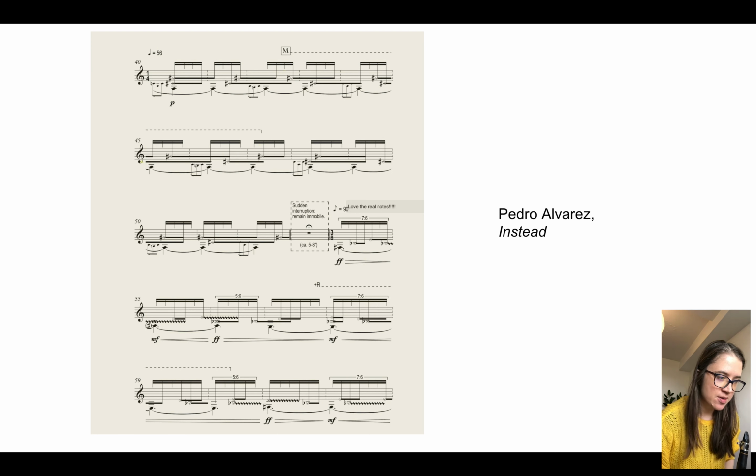The C sharp and G sharp that appear there with black dots in the middle of them are actually signifying keys that I'm opening. So the C sharp key is here, and the G sharp key is here. As a result of that, because I'm opening holes higher up, he creates rhythmic material through the opening and closing. Where it says M above, that's also a multiphonic, so I'll just play this a little bit slowly.